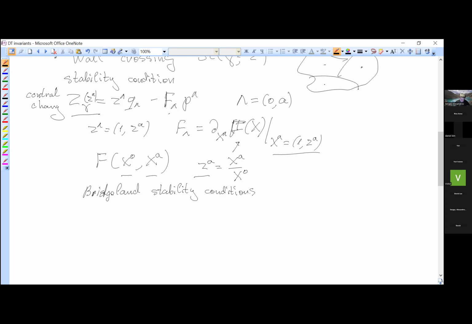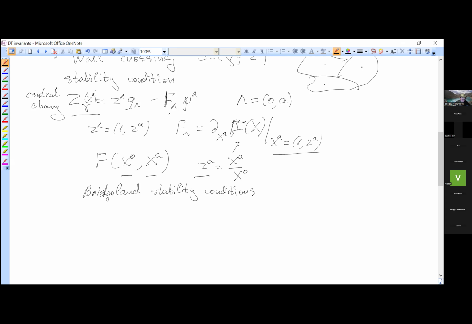Well, okay, maybe let me comment for mathematicians. So you have a derived category of coherent sheaves on the compact Calabi-Yau threefold. It has K-theory, and there is a homomorphism, the Chern class homomorphism, from the K-theory to rational cohomology. Let's forget about integrality, but in fact there is some integer structure.